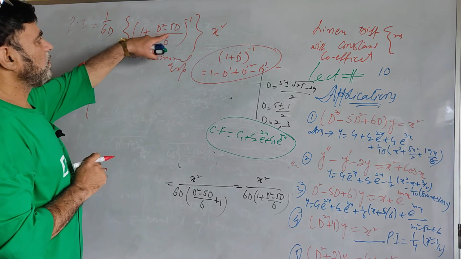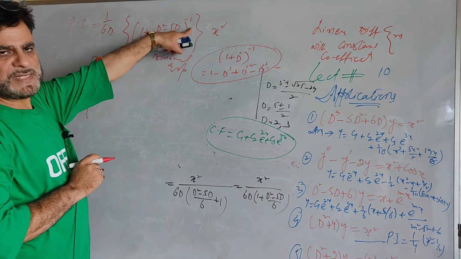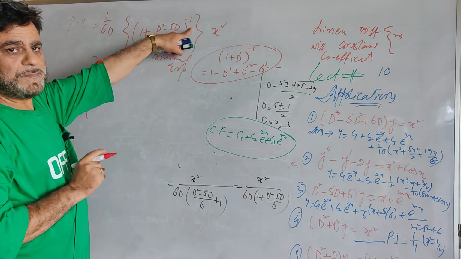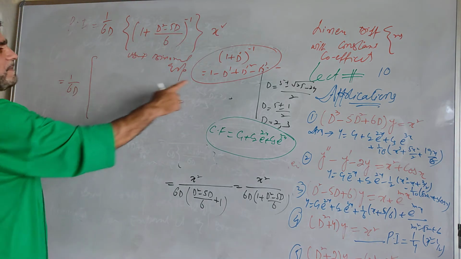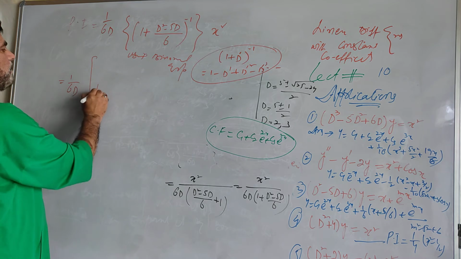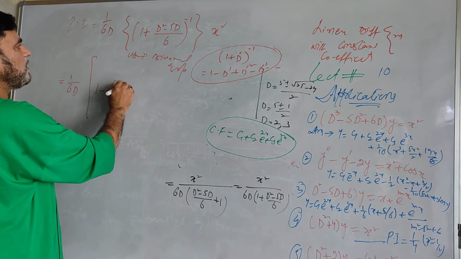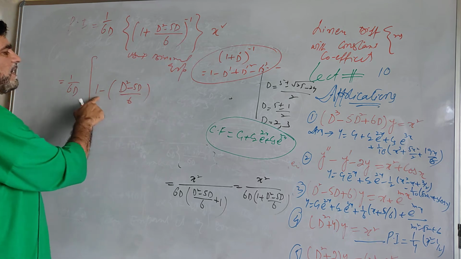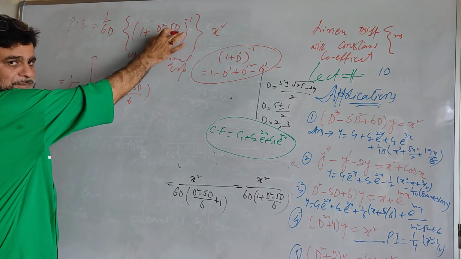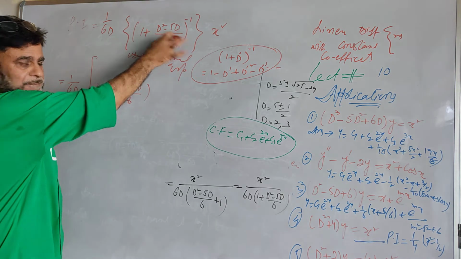Now you have to see up to how many terms I have to expand it. Since it contains x square, up to square I will go. It is 1 minus, what is your function of d? d square minus 5d by 6. Your d dash is this.